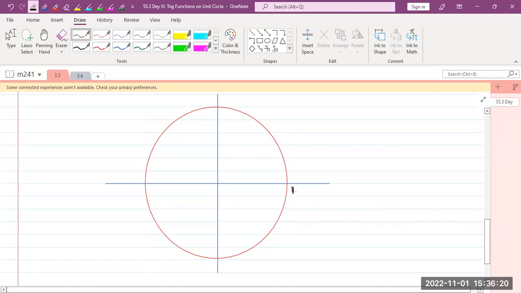The coordinate here is 1, 0. The coordinate here is 0, 1. The coordinate here, follow me in writing, is -1, 0. And this is 0, -1.